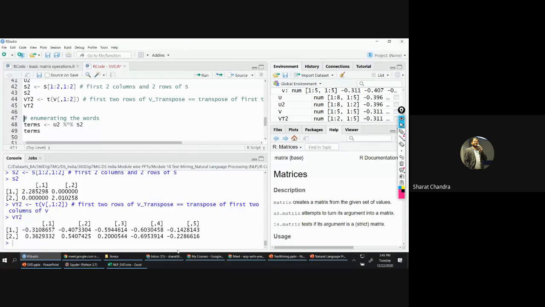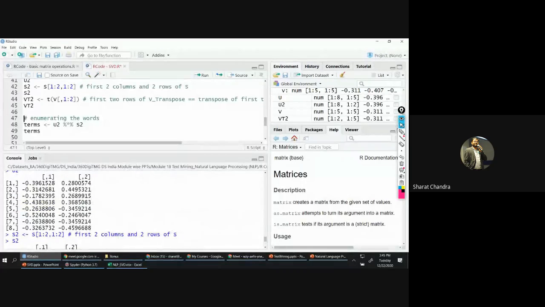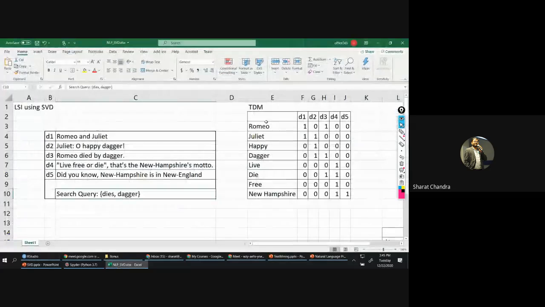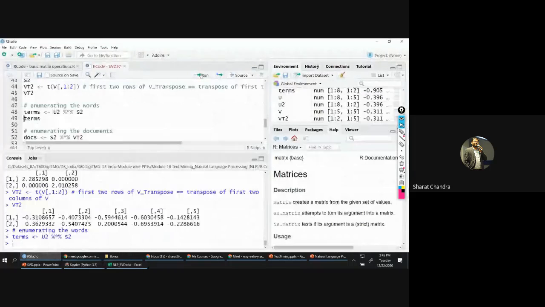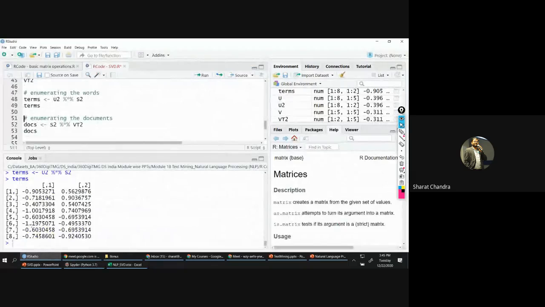Now I'm getting the terms by multiplying these. How many words do we have here? 1, 2, 3, 4, 5, 6, 7, 8. We have 8 words, so we will get values for 8 terms.